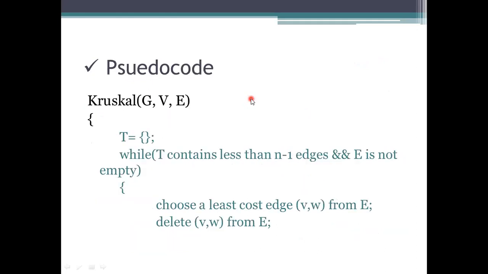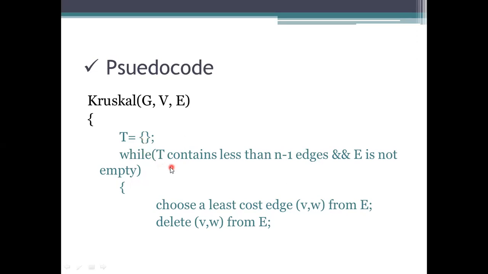And coming to the pseudocode. Here initially the tree we are taking is empty. The Kruskal's algorithm uses a graph which is having the vertices V, edges as E, and initially the tree is an empty one and we need to add the nodes to this list.